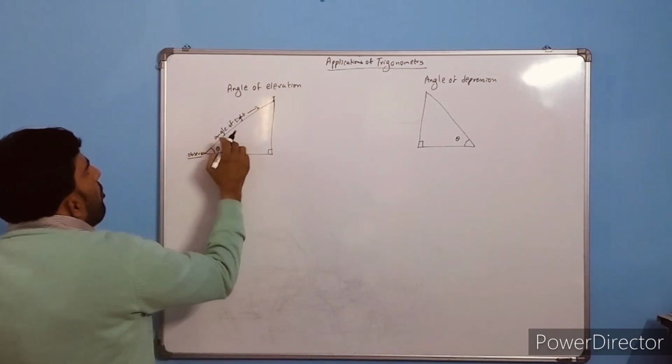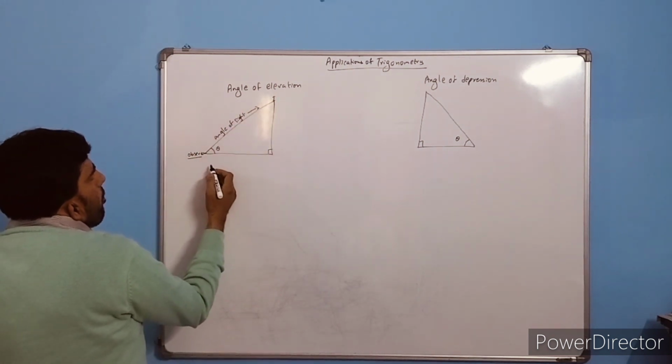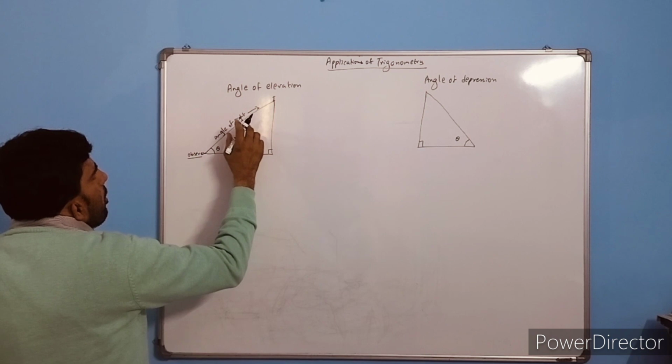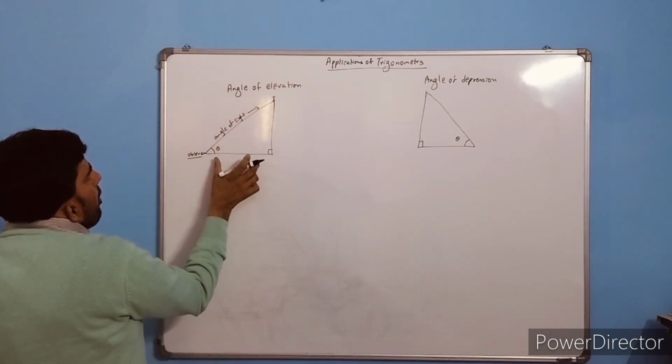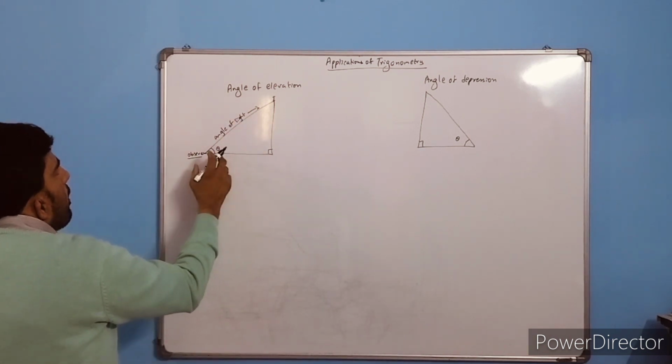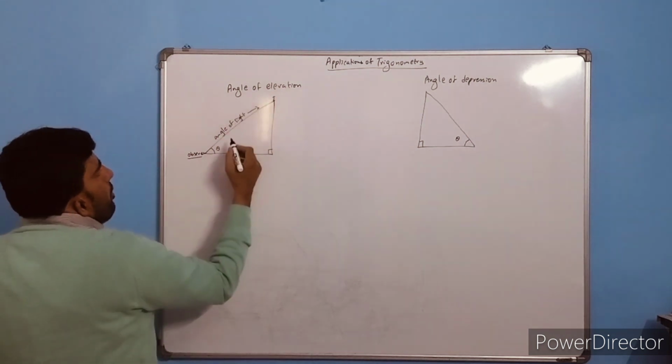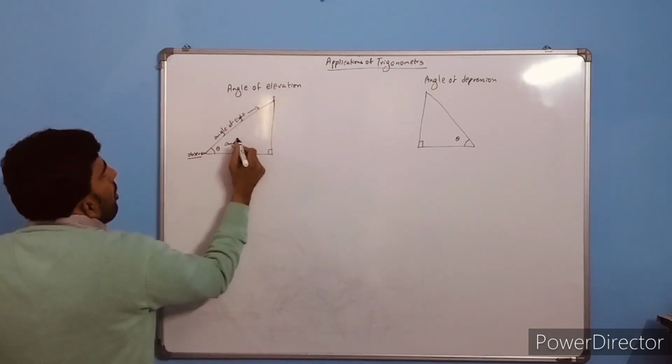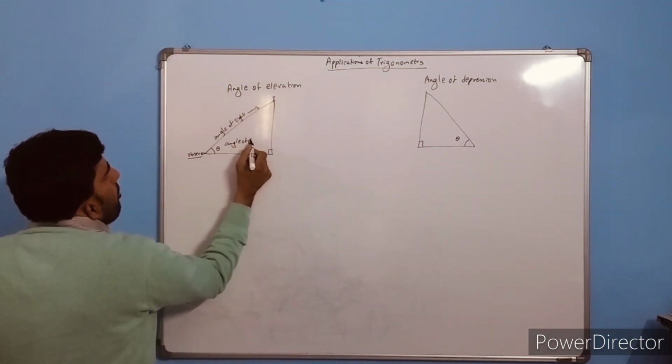So this angle, between the line of sight and the distance from the building, is called the angle of elevation.